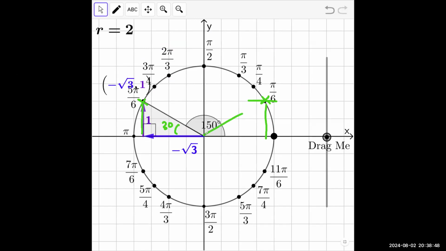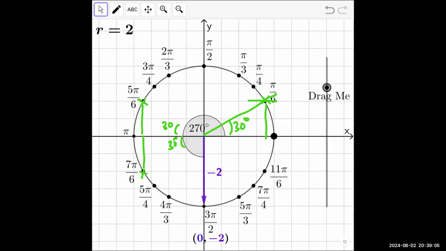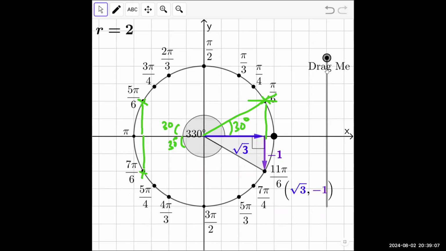The angle made here was 30. Same symmetry can be seen as we drag it down. At 30 over here, you've got the same vertical, same perpendicular. Drag it further down onto the other side. Over here, same vertical. This is 30 as well.